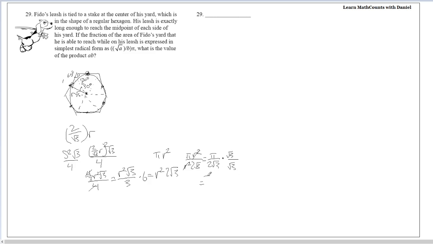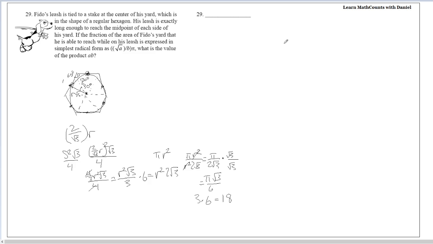That leaves us with pi times root 3 over 6. They wanted an answer in the form of root a over b times pi, so a is 3 and b is 6, and we wanted the product ab, which means our final answer is 18.